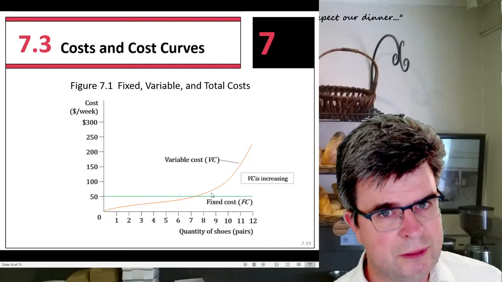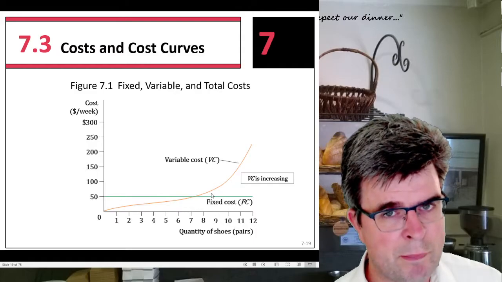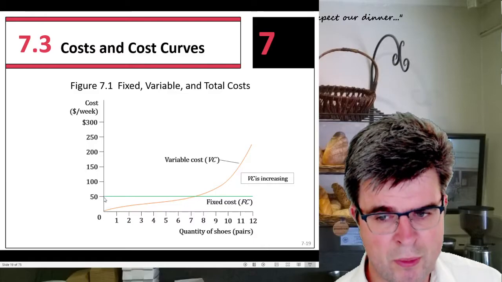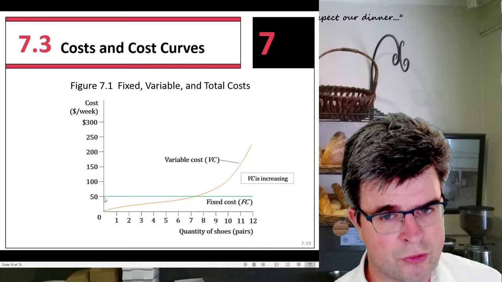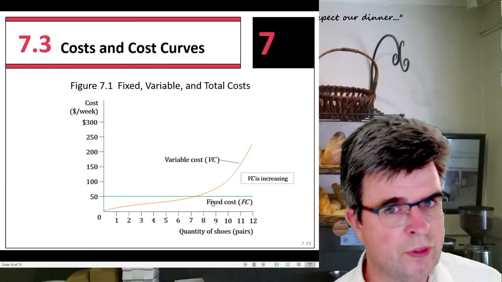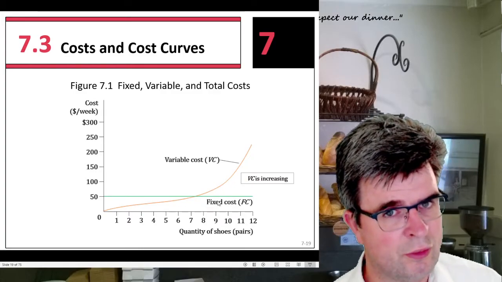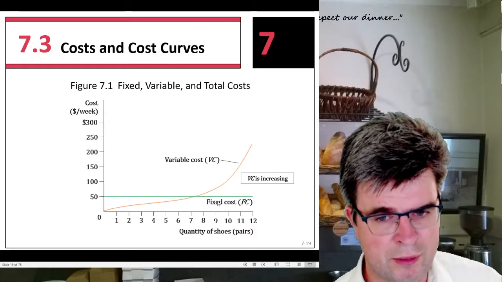Then the fixed cost. By definition, it doesn't depend on the quantity that you produce. So even if you produce 0, you need to pay the fixed cost of 50. But the good thing is that once you produce more pairs of shoes, your fixed cost doesn't increase. It remains the same. Now the total cost is the sum of the two.